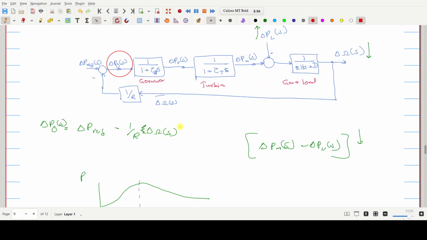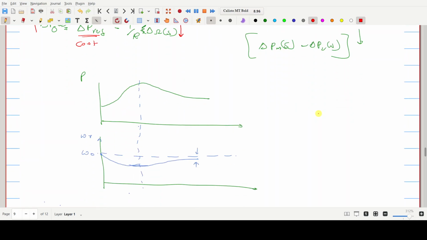So you can see when the frequency or the speed drops here, if you keep the reference constant, this entire thing will be larger, that means delta Pg will increase, which increases the supply to the governor. So if it's a steam turbine, it will increase the amount of steam going into the turbine by changing the valve position, right?